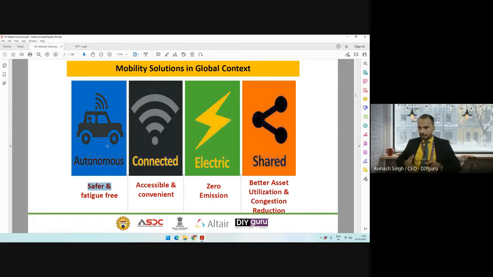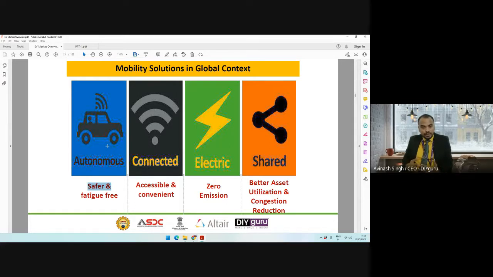Electric की बात आते हैं. I think all of our discussion is on electric. So the main goal of the mobility solution electric is to make sure that our cities are not emitting any pollution per se. In terms of shared ecosystem, it is more on the better asset utilization and congestion reduction. This was increasing momentum before the COVID, right?